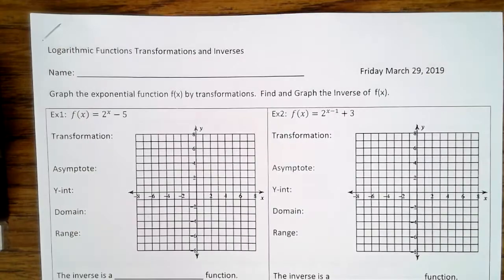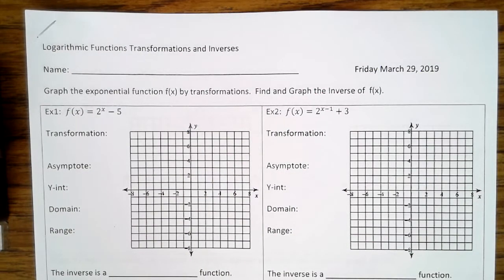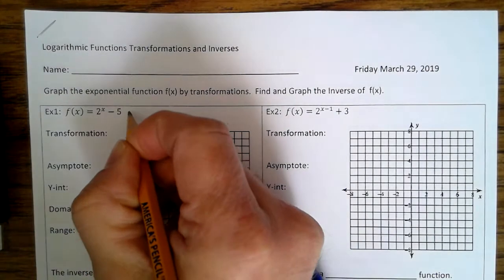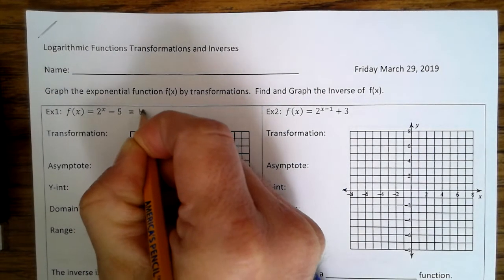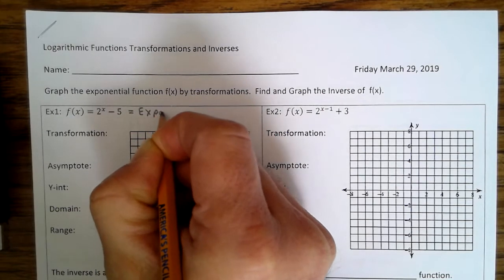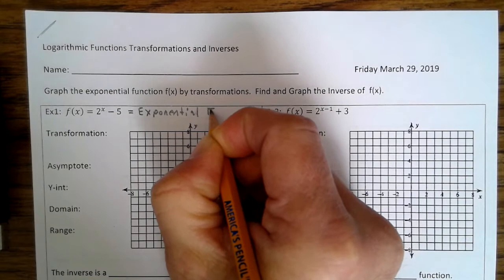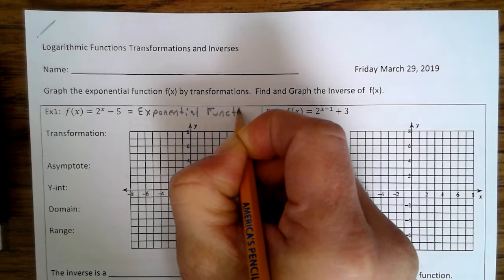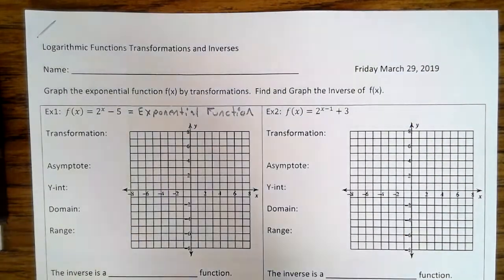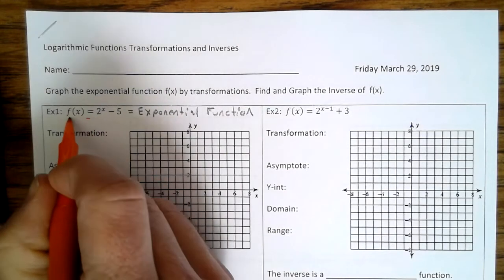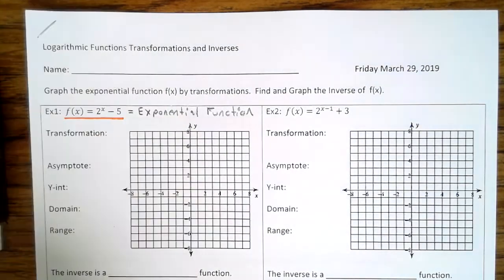All right, logarithmic function transformations and inverses. Graph the exponential function by transformations. Find and graph the inverse of f of x. So this is an exponential function. Now, I'm going to graph the exponential function in orange, and I'm going to graph the inverse in green.